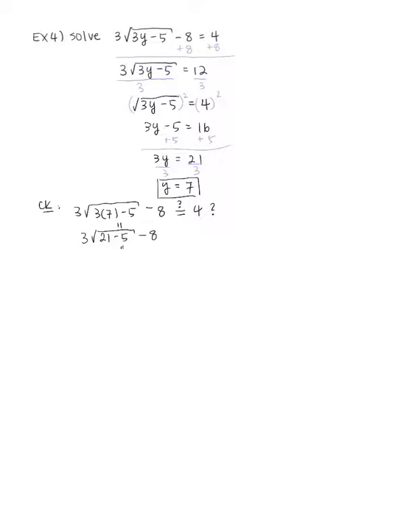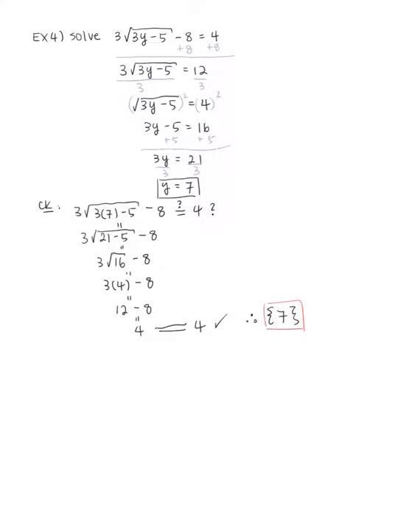Then you're going to have 3 times the square root of 16 minus 8, which gives us 3 times 4 minus 8. What is that? 12 minus 8, which gives us 4, which matches up with the right hand side. So therefore our solution set in this case would be 7, and that's going to be our answer.